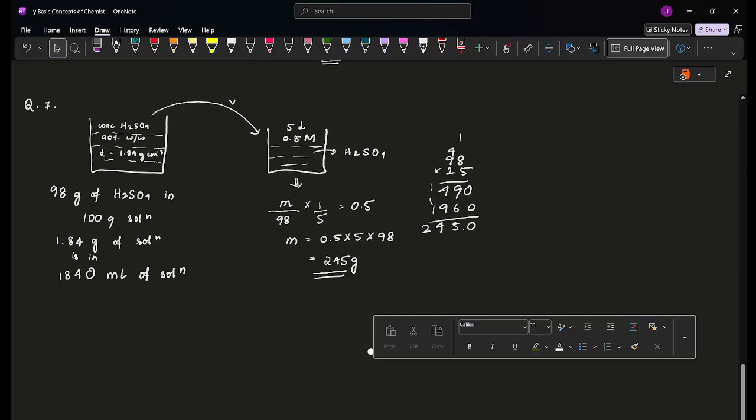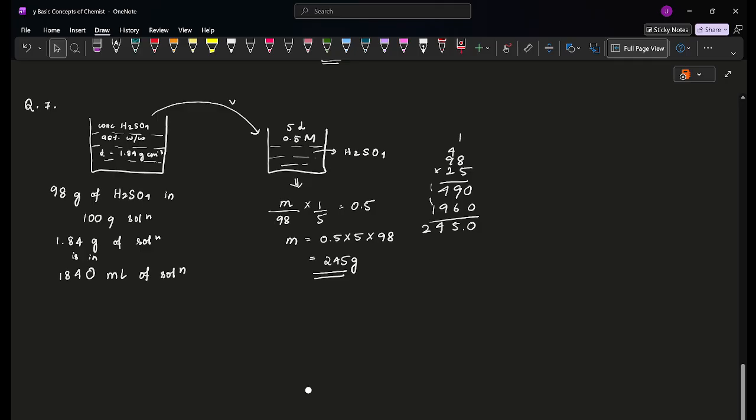Now we need to somehow get 245, right? So how much do you require from this side to get 245 gram? So how much is the volume? Let's say we are finding the molarity.